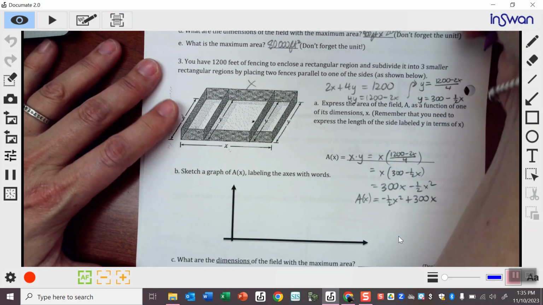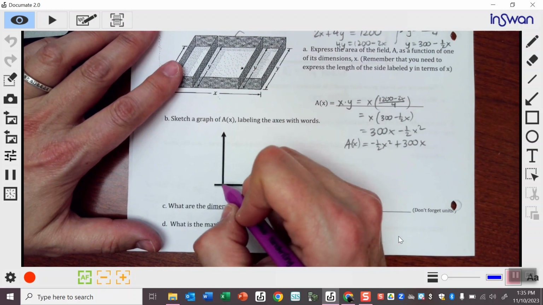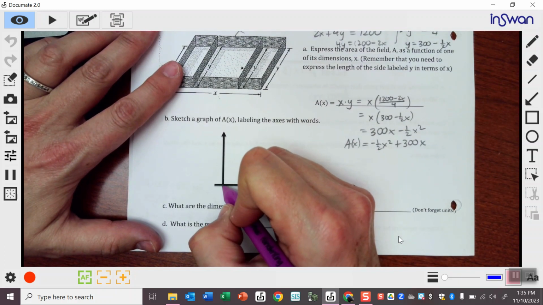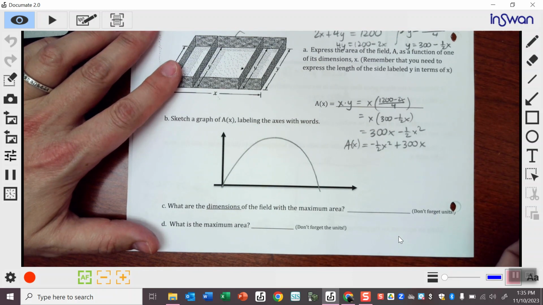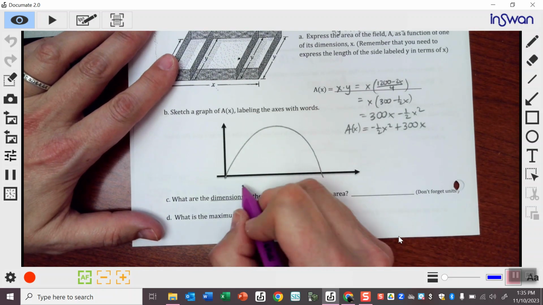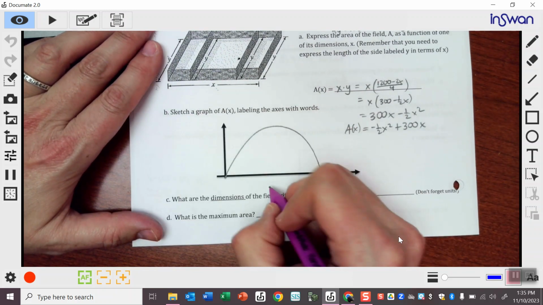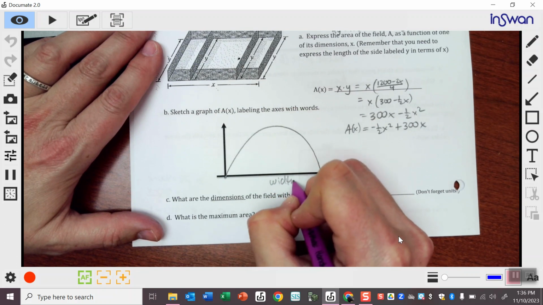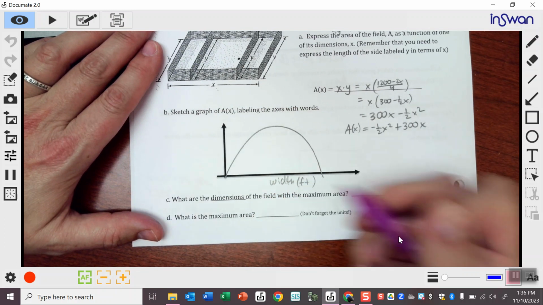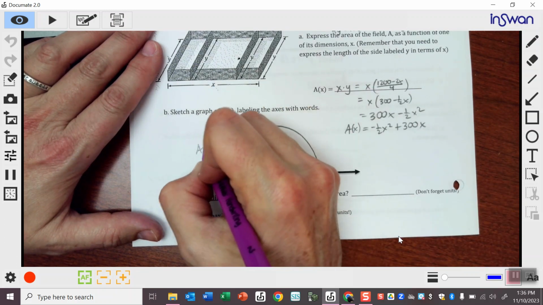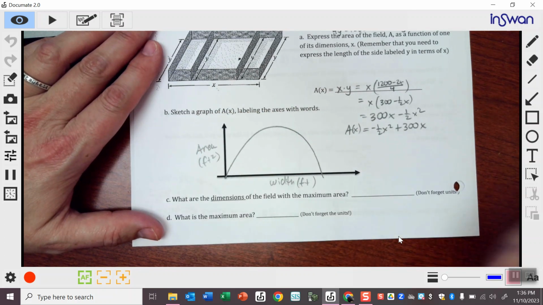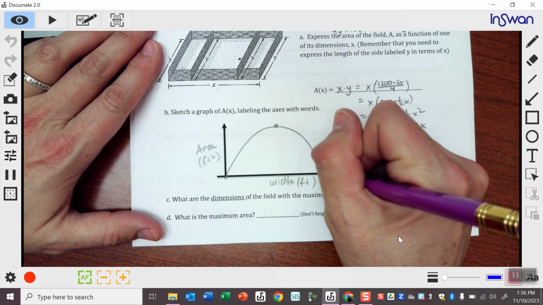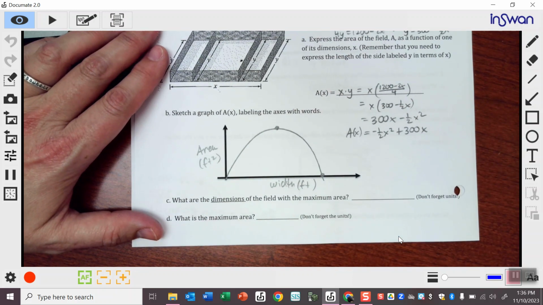All right, so let's draw this picture a little bit before we go to Desmos. It's going to go through the origin. It's going to be like this, okay? This x value right here, that's going to be like my width in feet, right? This up here is going to be my area in feet squared, okay? And we're going to use Desmos to pretty much find our values here, okay?